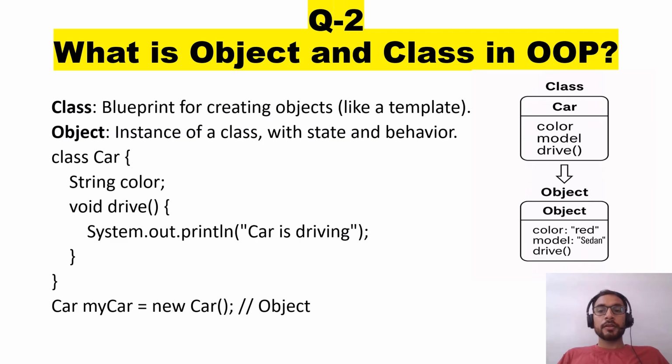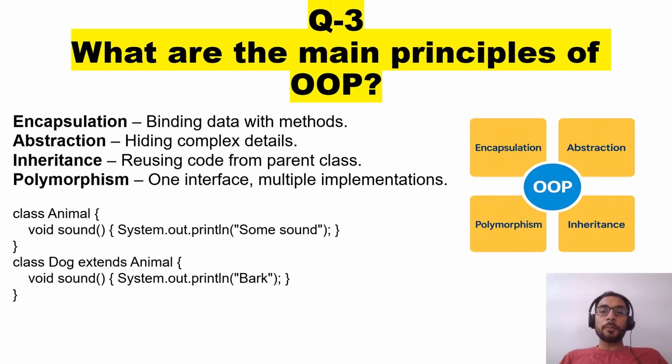Next, what are the main principles of OOPS? There are four main pillars, or you can say principles, of OOPS: encapsulation, abstraction, inheritance, and polymorphism. Encapsulation means binding data with methods. Abstraction, hiding complex details.